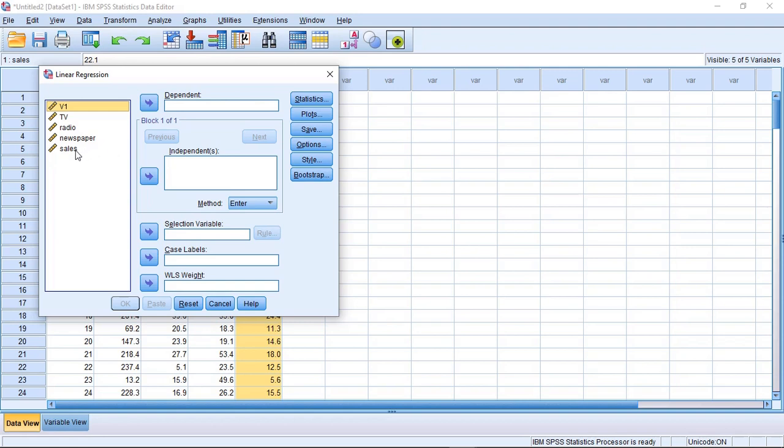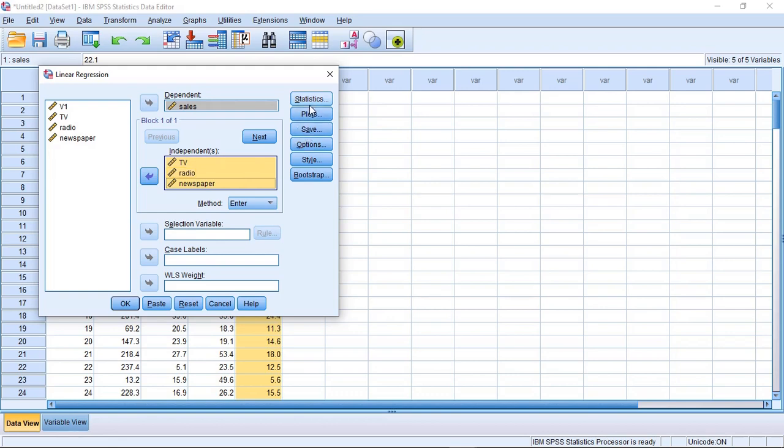We take the sales, like what I highlighted earlier, as the dependent, so we push with this arrow. If you want to retrieve it, maybe you made a mistake, you do this. Then we highlight the independent variables, the TV, the radio, and the newspaper, and we push here.